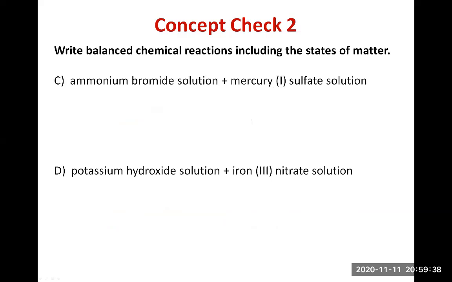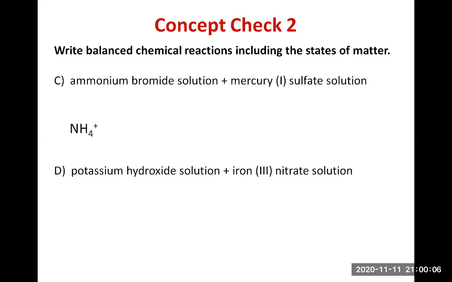Same thing. We have names here, so let's find the reactant formulas and then the ions that they are made of. So first, ammonium bromide solution plus mercury(I) sulfate solution. Ammonium is one of those polyatomic ions that you should learn by heart. It's NH4+.